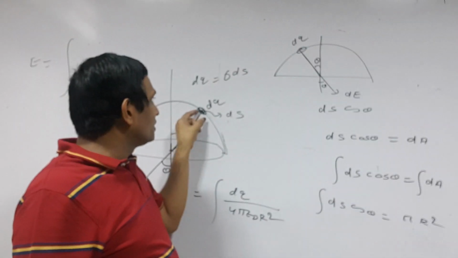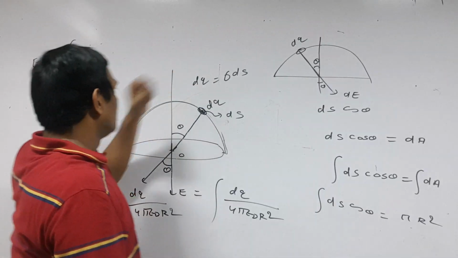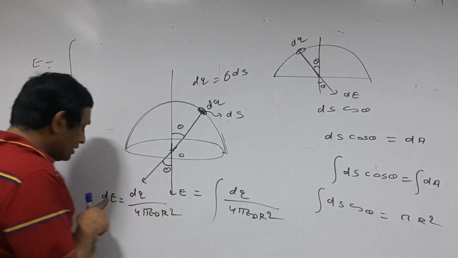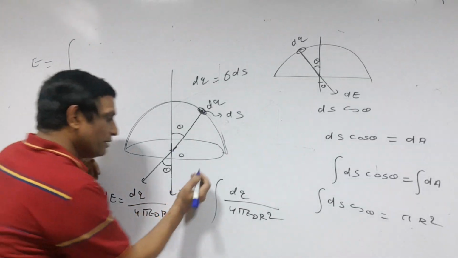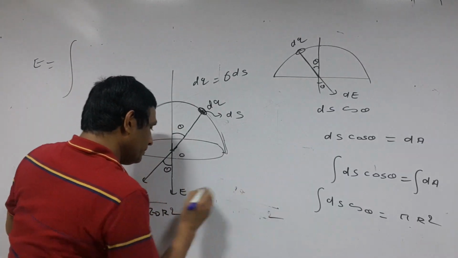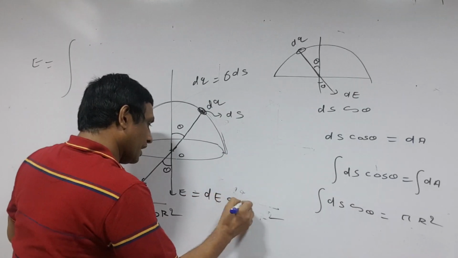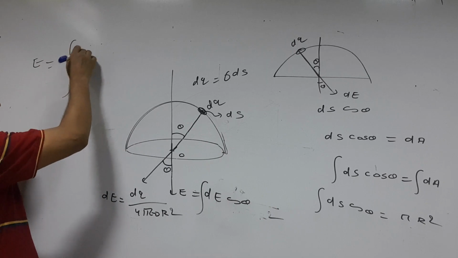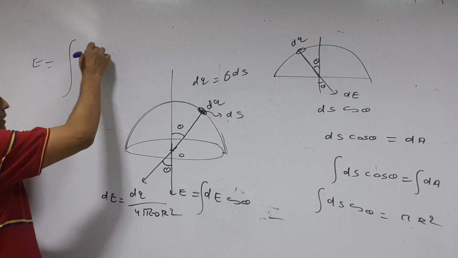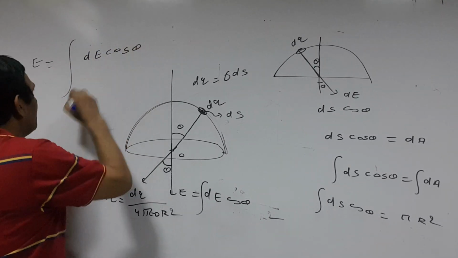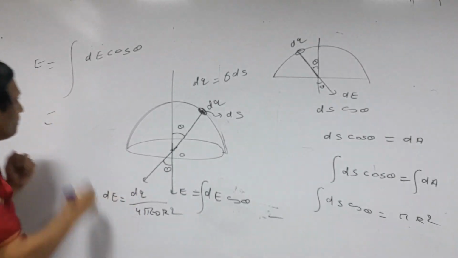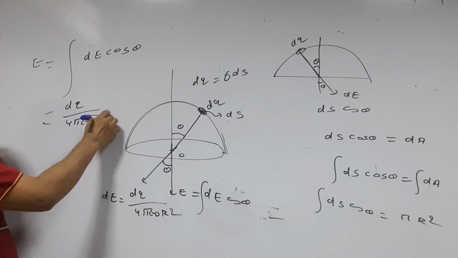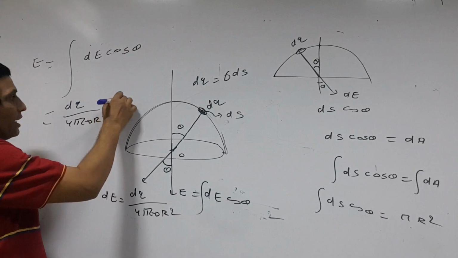So the charge on this element will be sigma ds. So E will be the integration of dE cos theta. Here dE is dq by 4 pi epsilon naught r square, and cos theta.